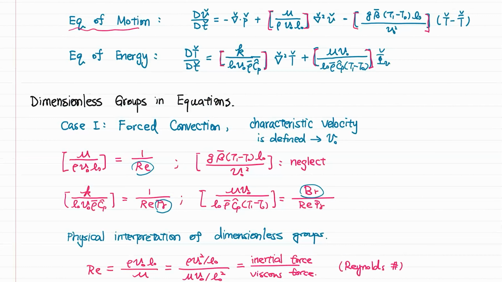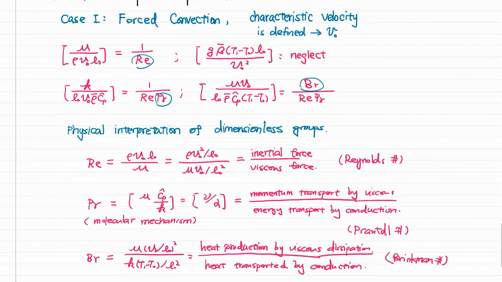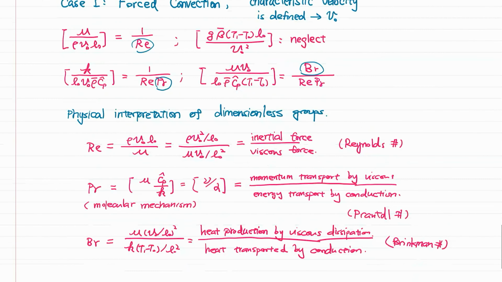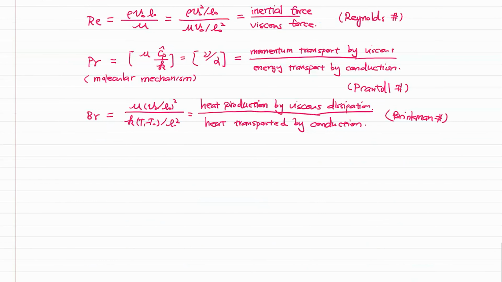Now let's take a look at case 2. Case 2 is an intermediate between forced convection and free convection.